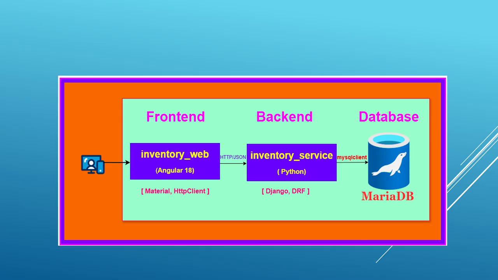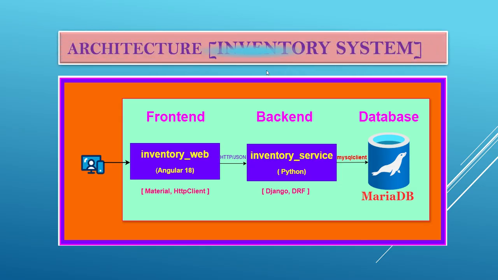And this is what we are going to build today. It's a complete architecture of an inventory system in which on the front end side we are going to create inventory_web, which is the front end application we are going to build using Angular 18. In that we are going to use Angular Material library and HTTP client.